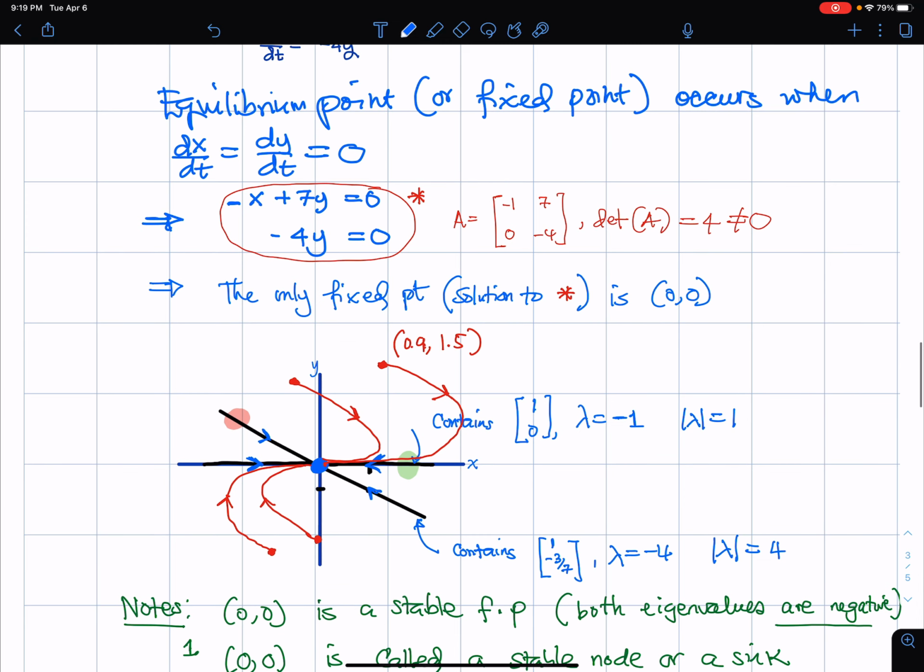I really like this. In the next video, I'm going to show you how to do this kind of thing when we have repeated eigenvalues. But before then, I want to give you one to try.